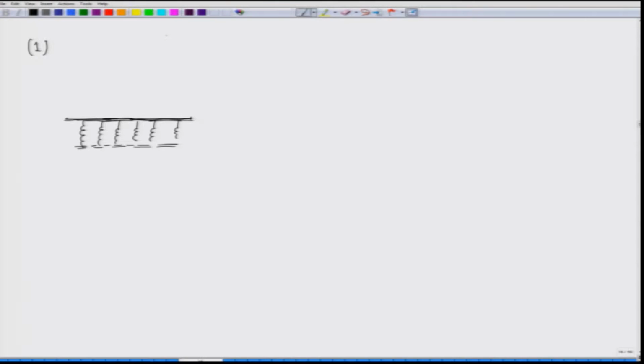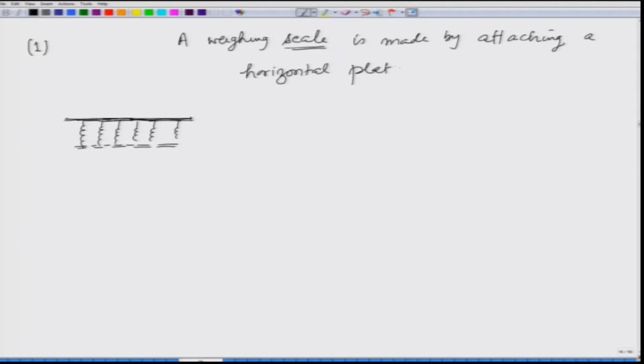So, what we have is a weighing scale, and by scale I mean it's a large scale, made by attaching a horizontal platform of 50 kilograms to a spring system.